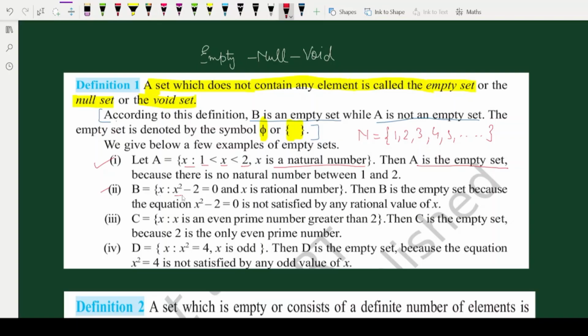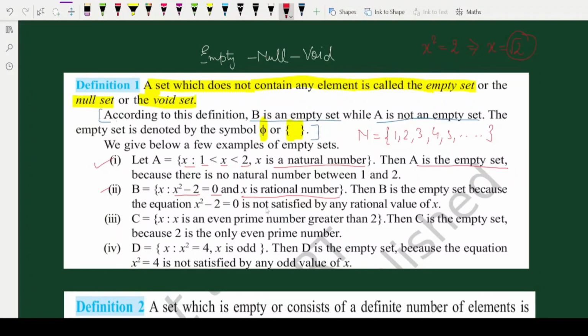B is the set of x such that x square minus 2 is equal to 0 and x is a rational number. Going back to class 10th first chapter, you have to prove that x square equal to 2 implies x equal to root 2, and root 2 is irrational.